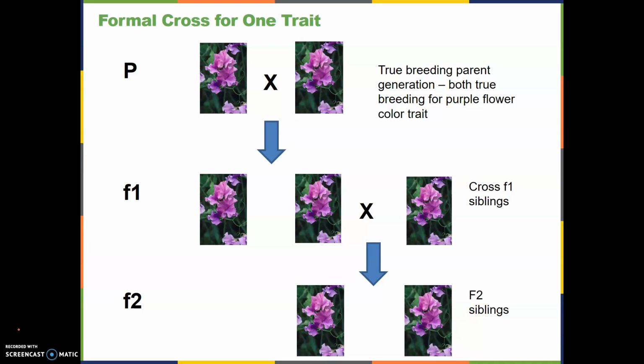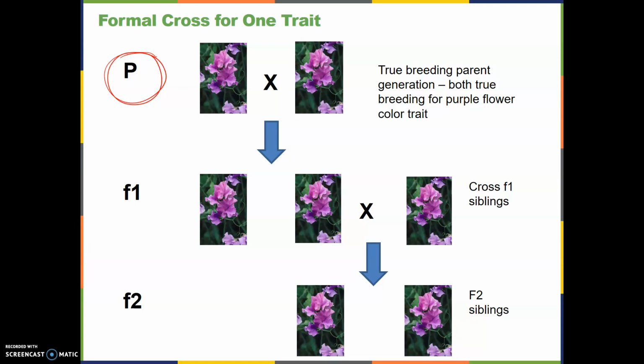This is part 2 of the Chapter 12 lecture notes. What we were looking at here was what you would get if you crossed two true breeding purple flowered garden pea plants. So your P generation would be both the parents true breeding for purple.